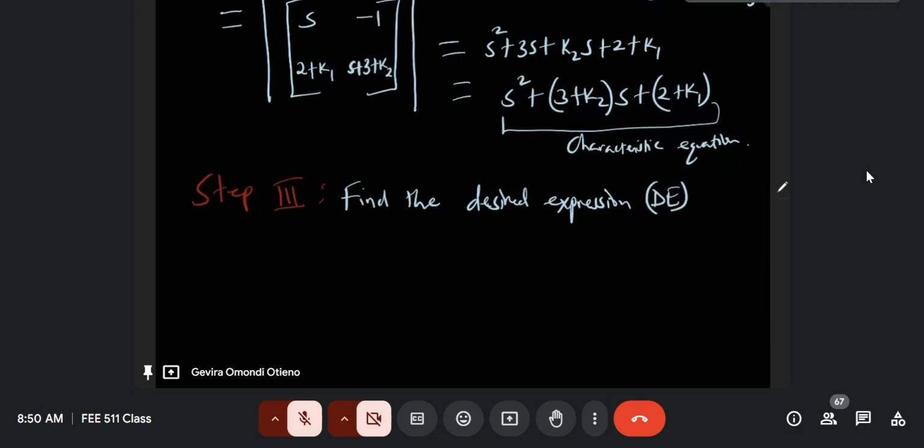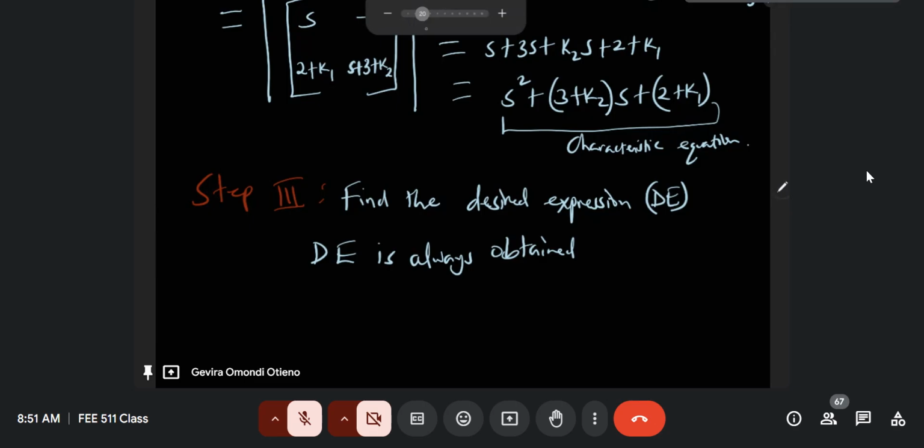How do you get that? The desired expression is always obtained from the pole location.